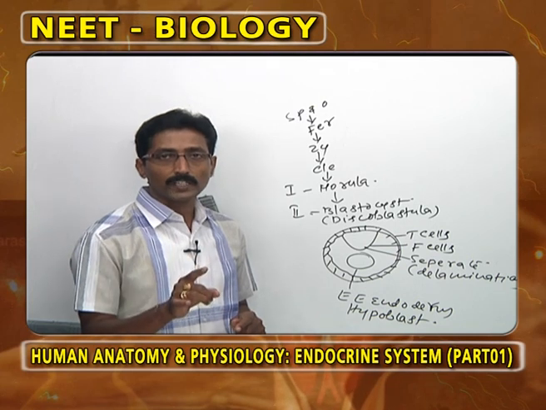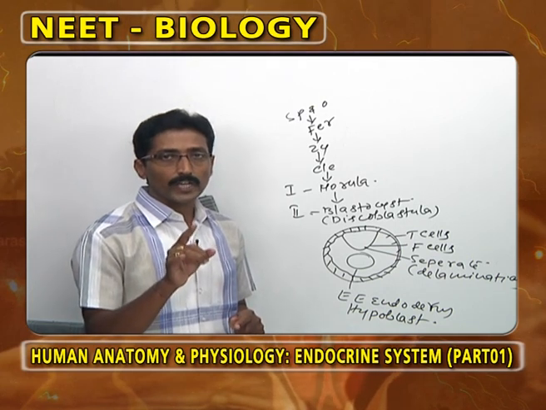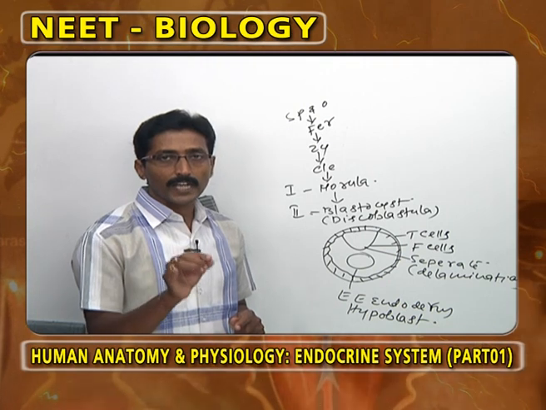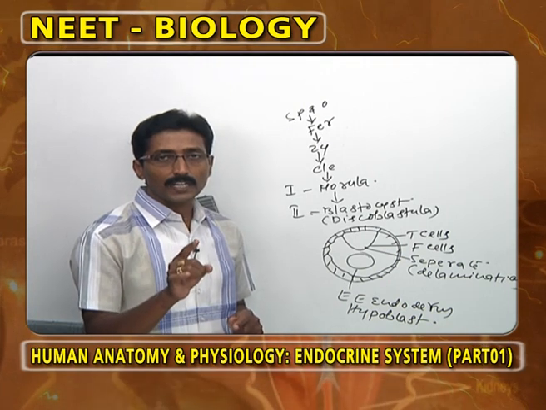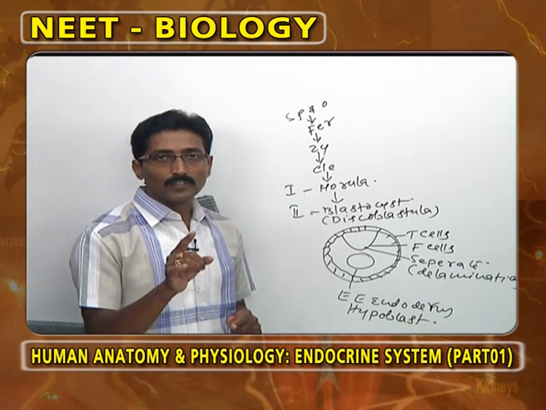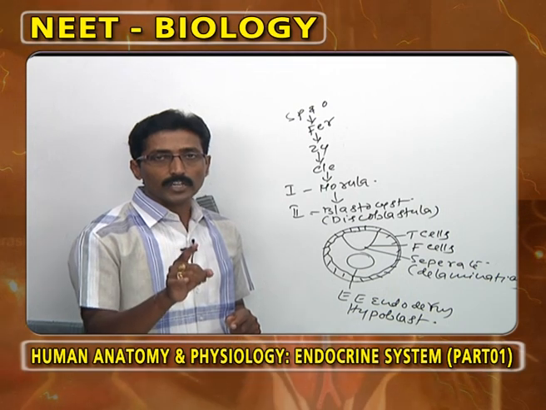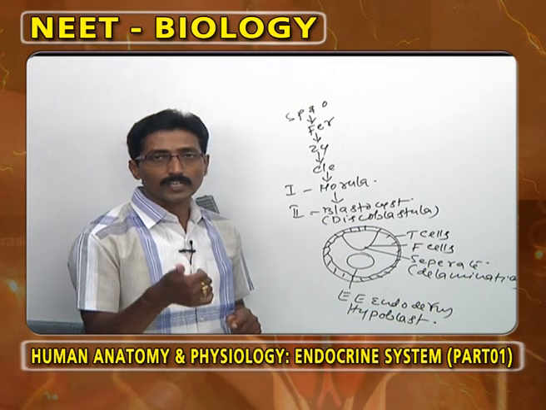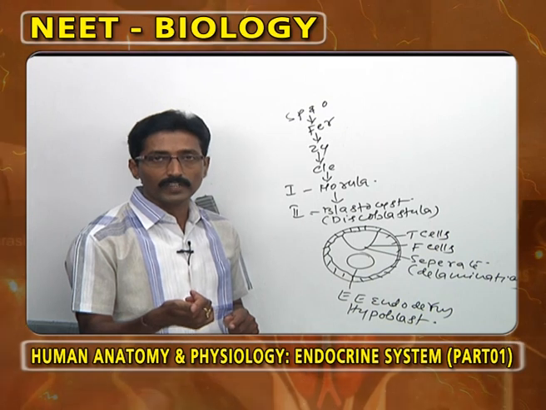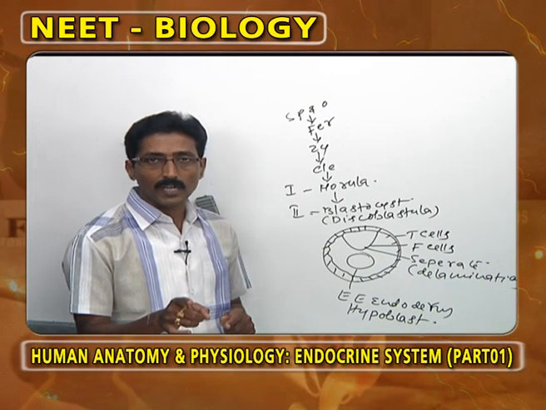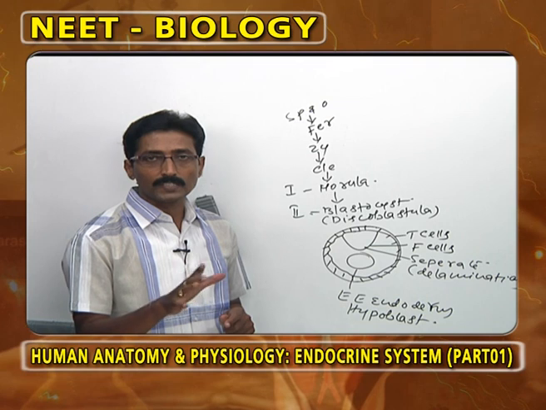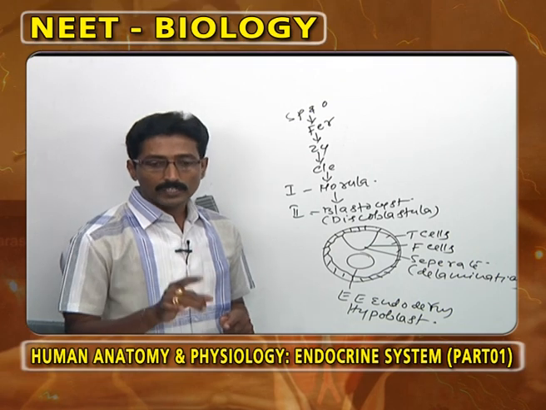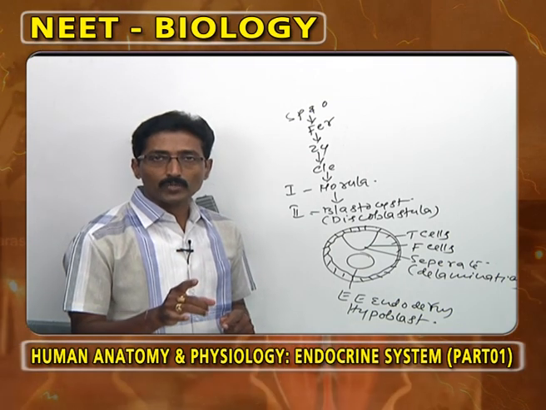Only zygotic cell. Students, again you have to observe in the animals what type of cell has the power of totipotency? Only zygotic cell. But here what they are giving, the inner cell mass is called totipotent cells. That is wrong.